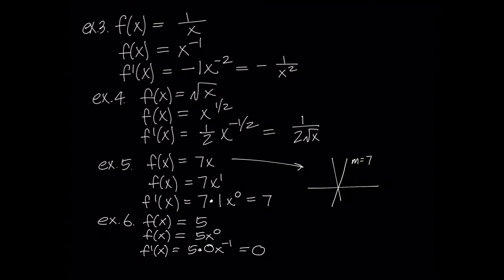So the derivative of 5 is 0. Now this also makes sense because if we were to graph f of x equals 5, we would have a horizontal line at 5, and the slope of any horizontal line is 0. Since the derivative gives us the slope of the tangent line, the derivative is 0. Okay? All right.